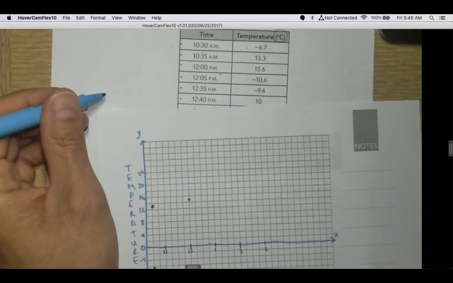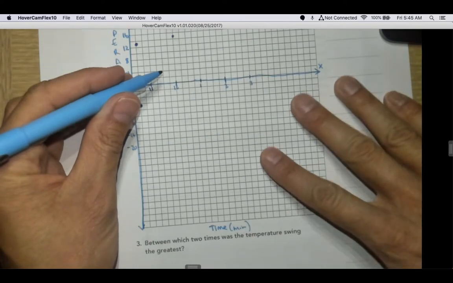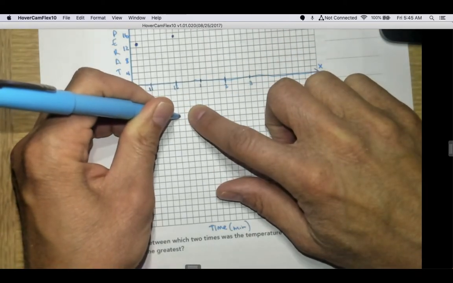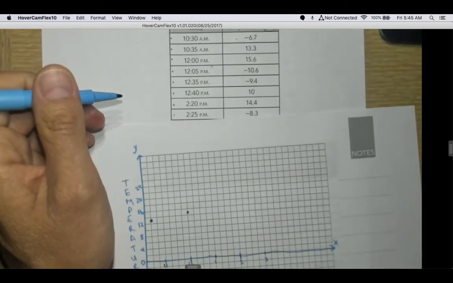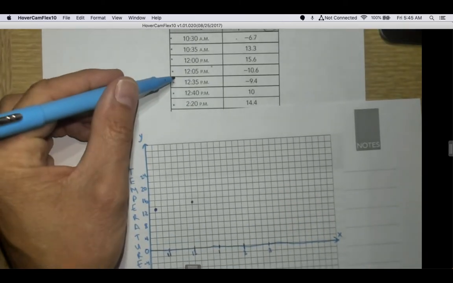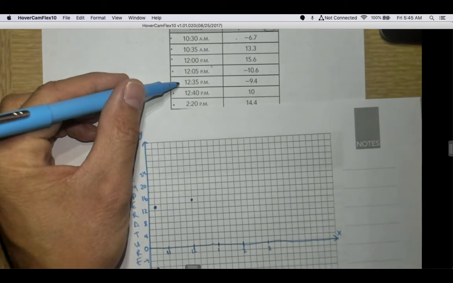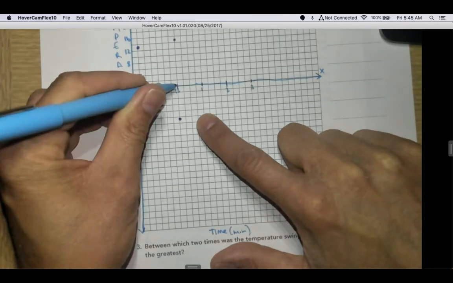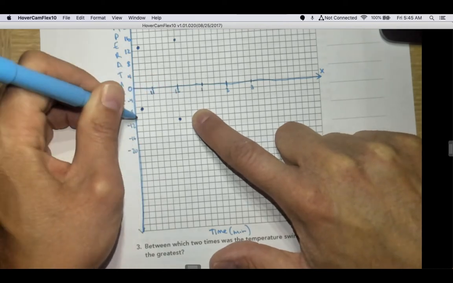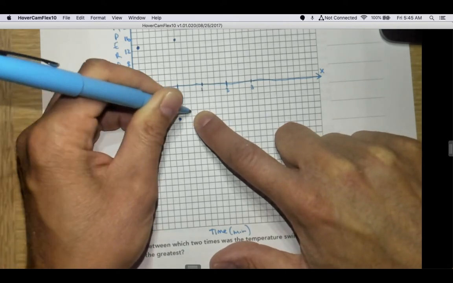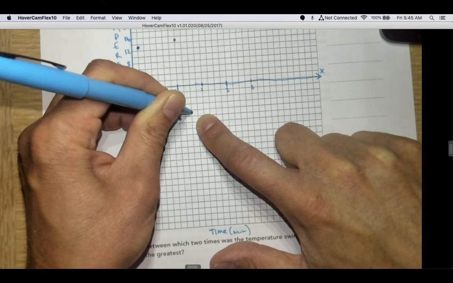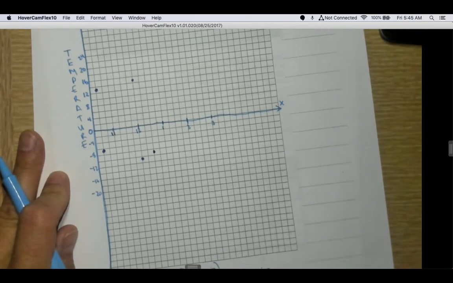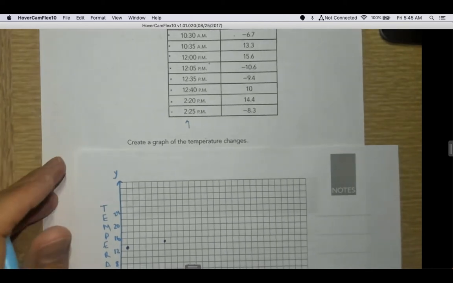Then at 12:05, it was -10.6. Then at 12:35, it was -9.4. Then at 12:40, it jumps up to 10.